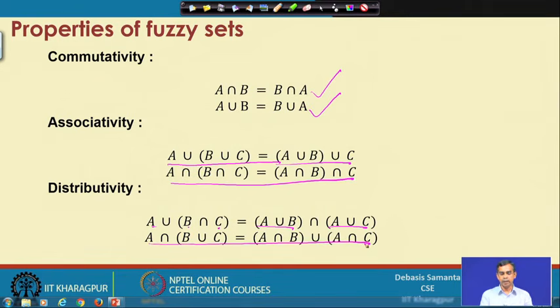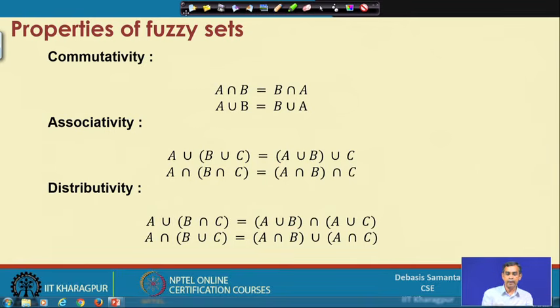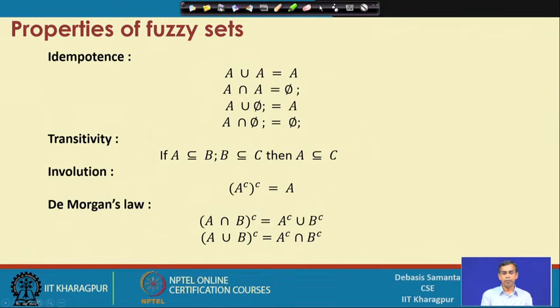So, whenever many operations are involved and they can be applied on two fuzzy sets, they satisfy these properties. There are some other properties that can also be applicable on fuzzy sets, like idempotence.